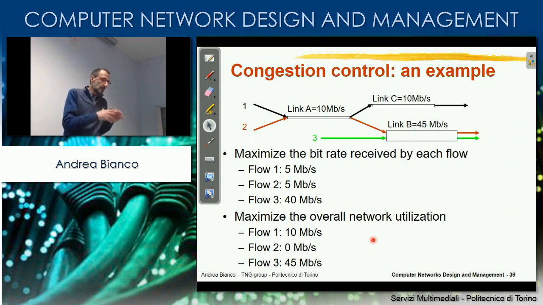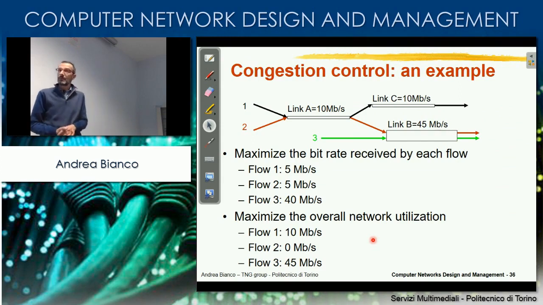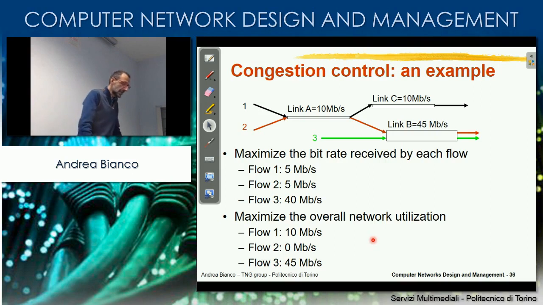So suppose that I can run a very complex algorithm, I have full knowledge of what's going to happen, and I would like to assign rates to these flows. And I propose to you 2 solutions. Okay? The first one is such that I provide 5 megabit to the black flow and 5 megabit to the red one, which are sharing this 10 megabit capacity link.